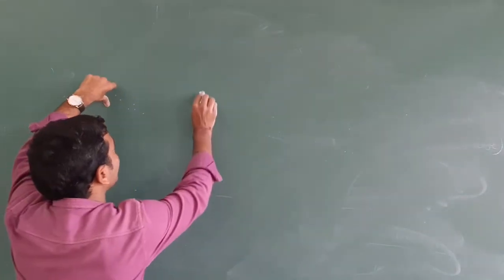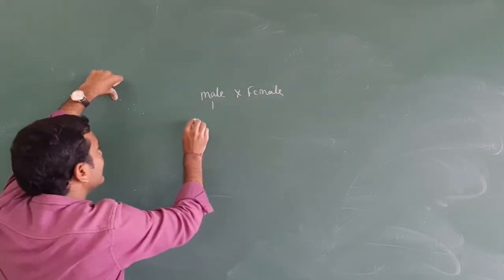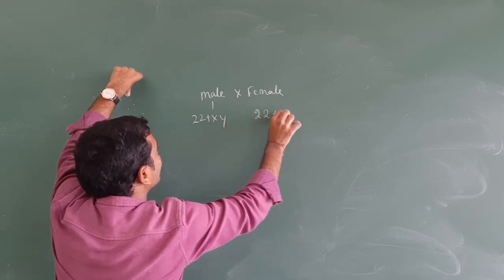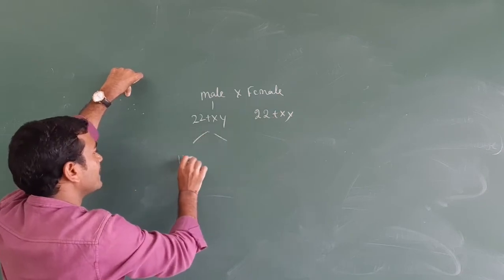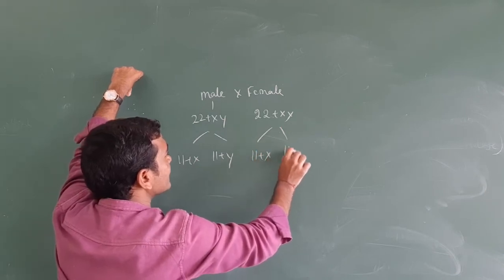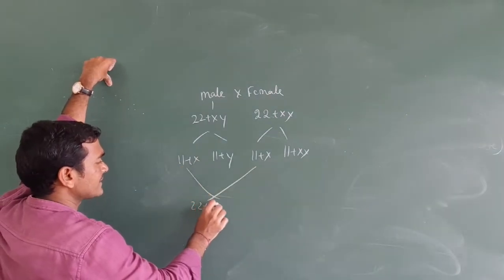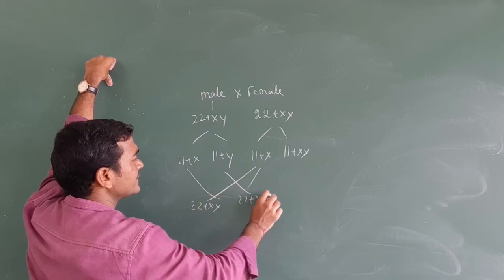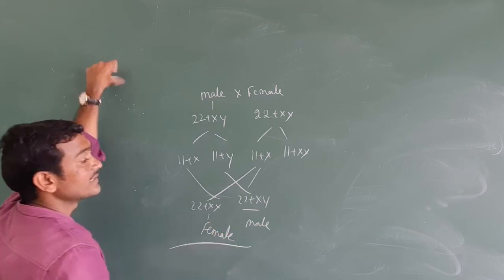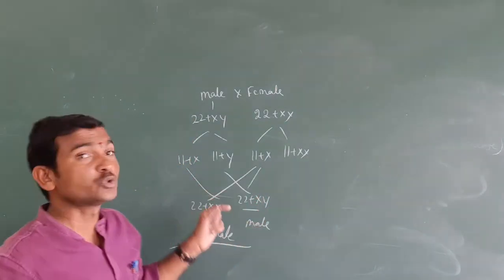For example, the male gamete is 22 plus X or 22 plus Y, and the female gamete is 22 plus X. Combined, it is 22 plus XX, which is female, and 22 plus XY, which is male.